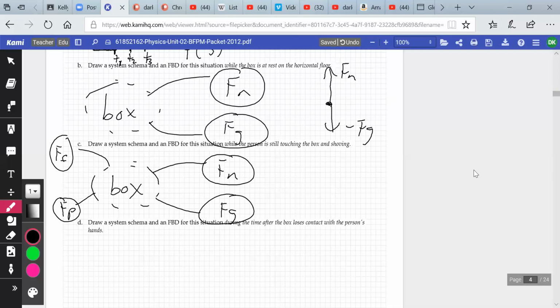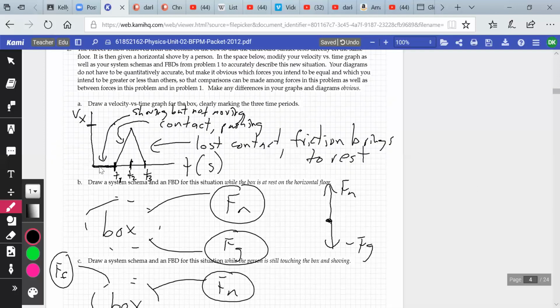At least in the schema, we don't care if it's static or kinetic, but I'm going to draw the free body diagrams for both situations I depicted here, right? Because my pushing force is going to be exactly equal to my static friction. Nothing's happening. If I push forward with 2 newtons, static friction is giving me back 2 newtons. Nothing's moving.